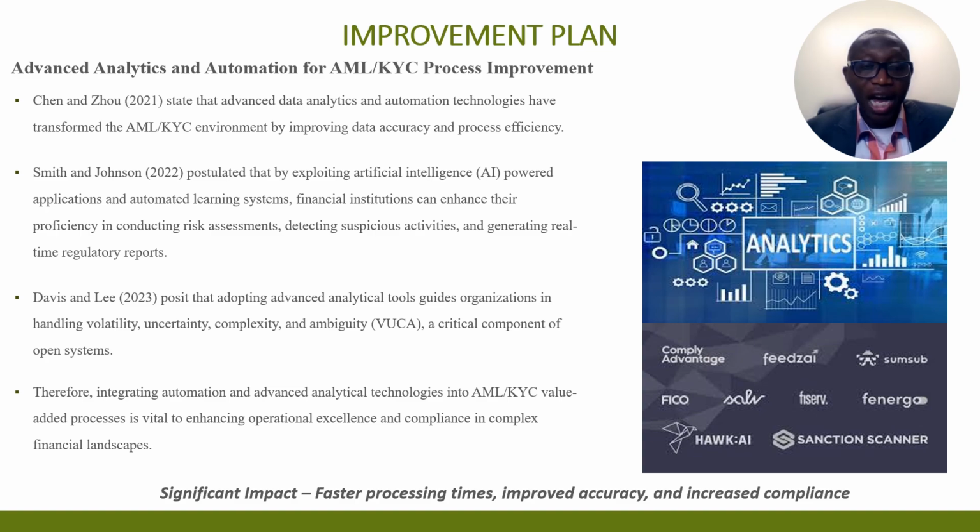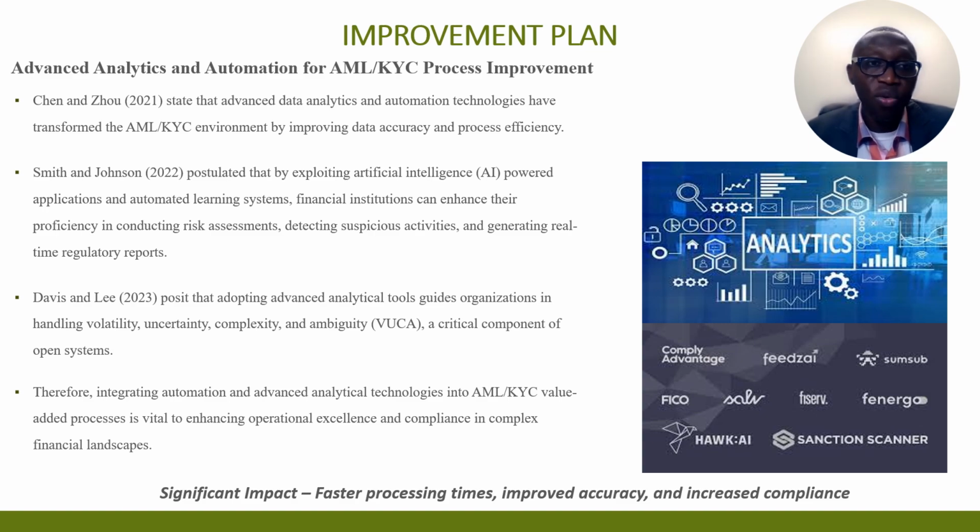This leads us to the actual improvement plan in place after all this research has been done. The first of it is advanced analytics and automation for the AML KYC product.